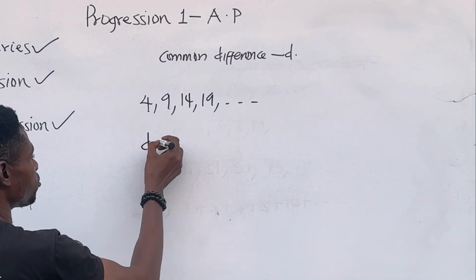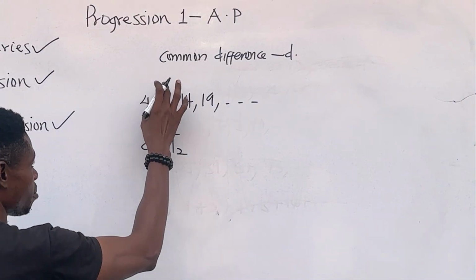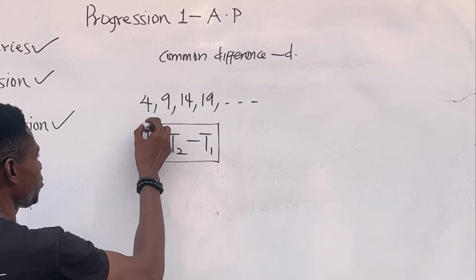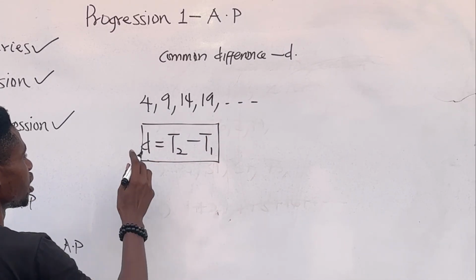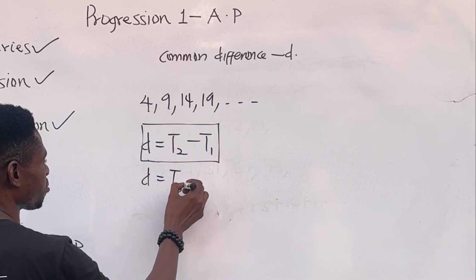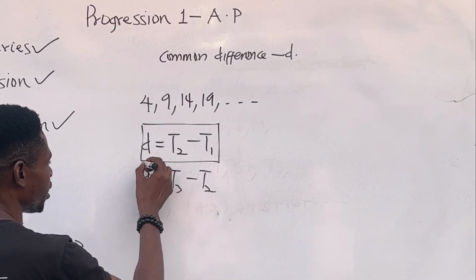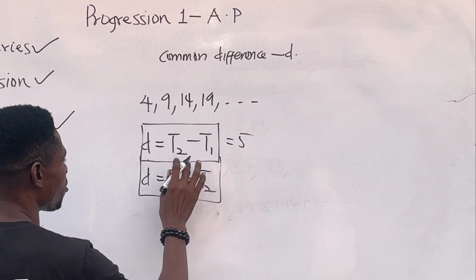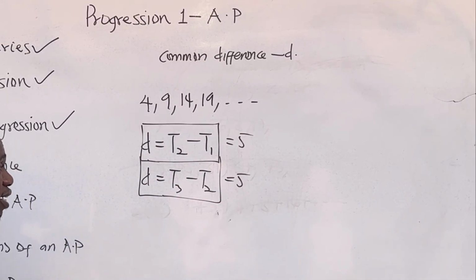So our common difference is the second term minus the first term. The same common difference, it is the third term minus the second term. That's our common difference. So if you check the answer for this, the answer is 5. Check the answer to this, it's also 5, right? So we'll call it the common difference.